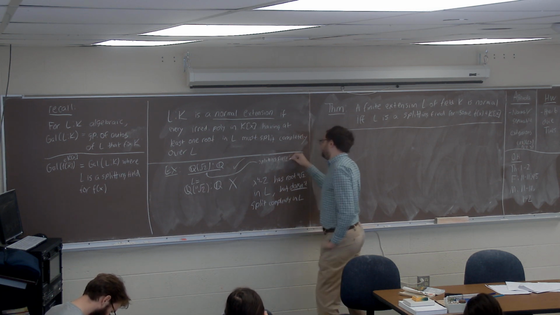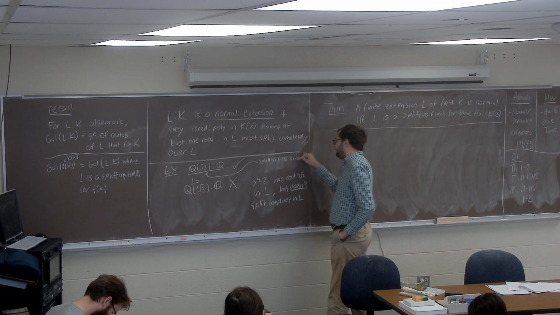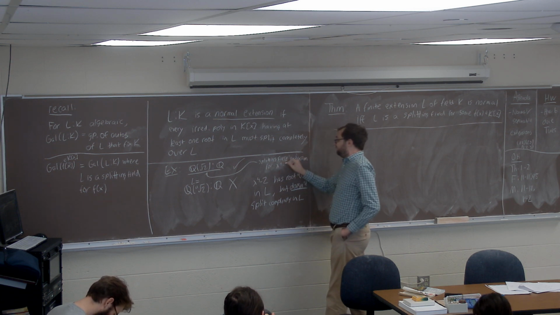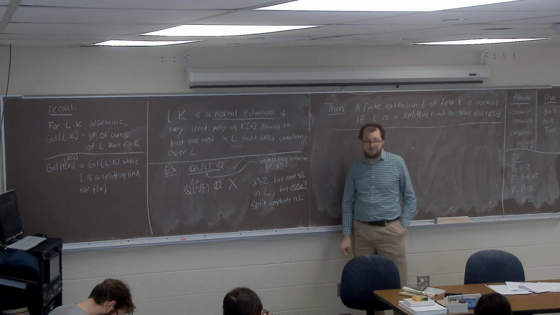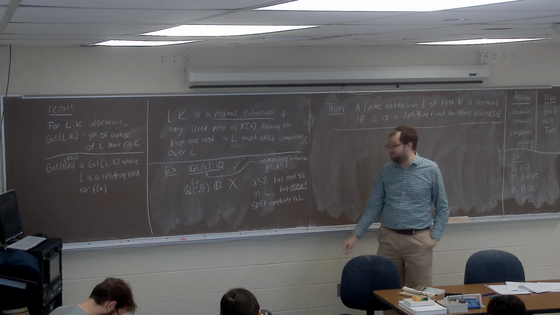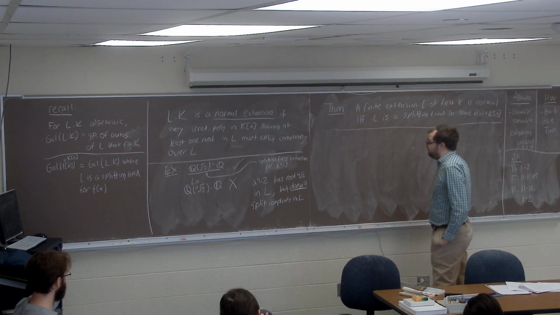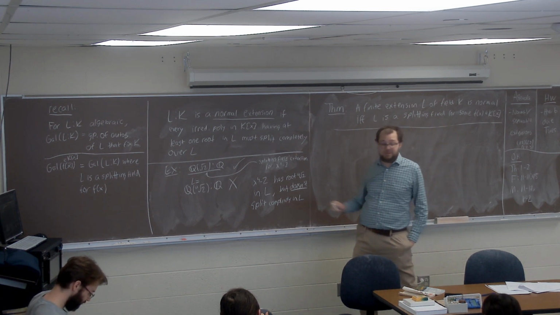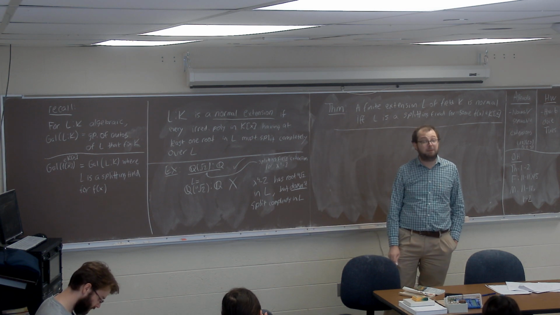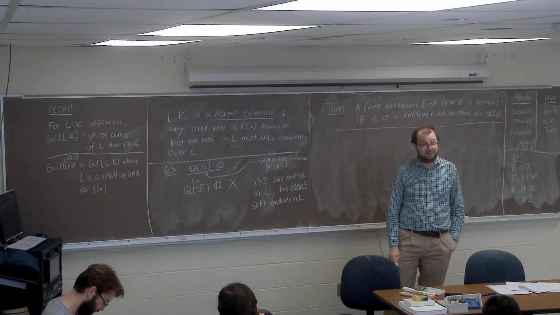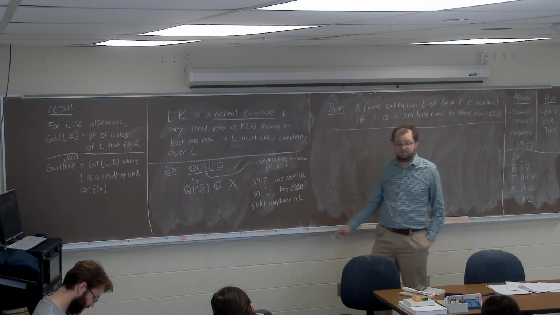Well, technically it's a splitting field extension for x squared minus 2. It's the minimal extension of Q over which x squared minus 2 factors into linear terms. And therefore, by this theorem, that would necessarily tell us that it is normal. Something that's much more difficult to prove directly than it is using this theorem.